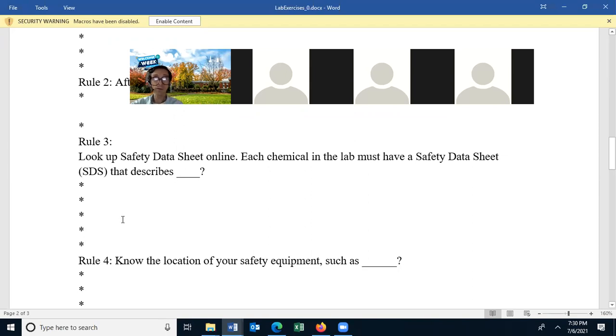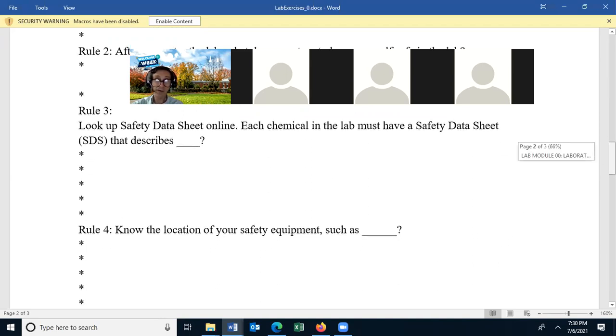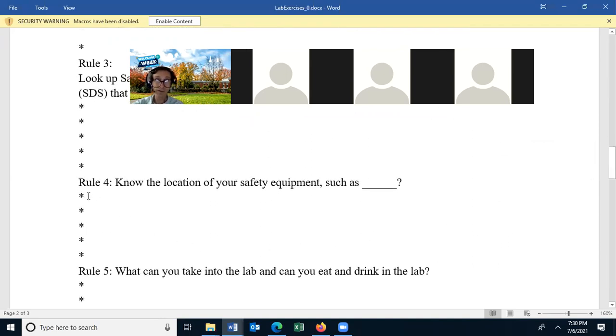You should also know the location of your safety equipment, and that would be equipment you find in the lab to keep yourself safe. And that would be something like a fire extinguisher. So I'm giving you the name of one of the safety equipment. Okay?